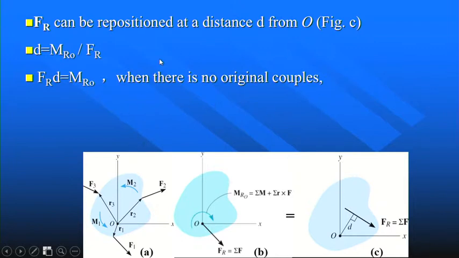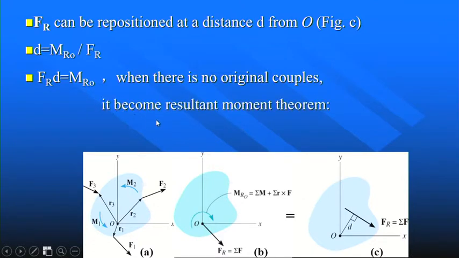When there are no original couples, this relation becomes the resultant moment theorem. That is, the moment of resultant force Fr about O is equal to the summation of the moment of each force.